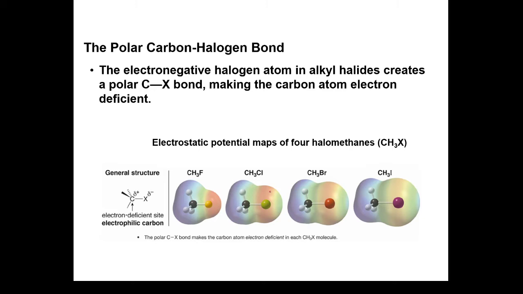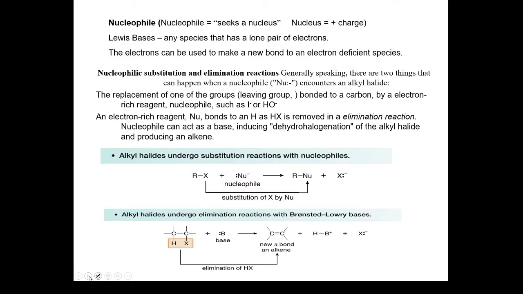Bromine a little bit smaller, then chlorine smaller, and then fluorine even smaller. To be 100% honest, if we're ever going to use the halogens in a lab, it's usually chlorine or bromine because they're the ones most controlled. But in theory, this could apply to all four.